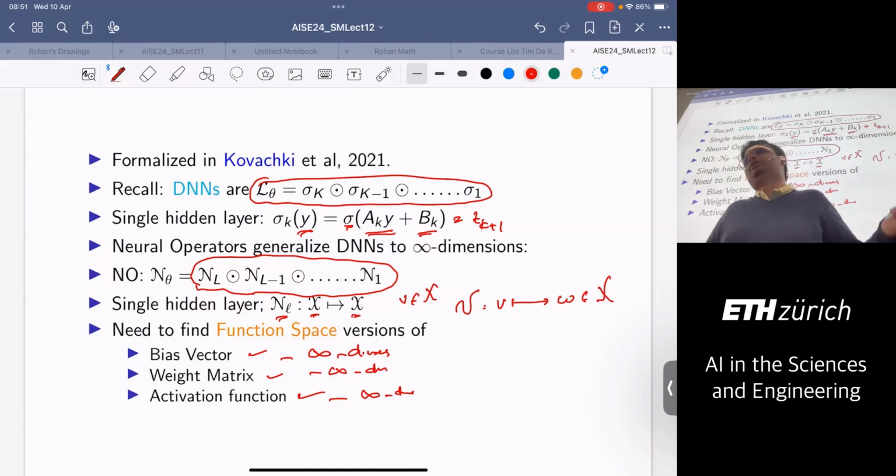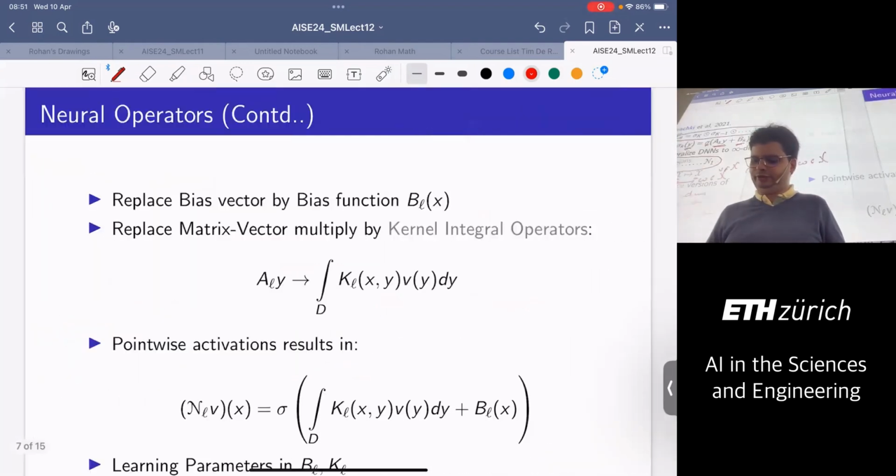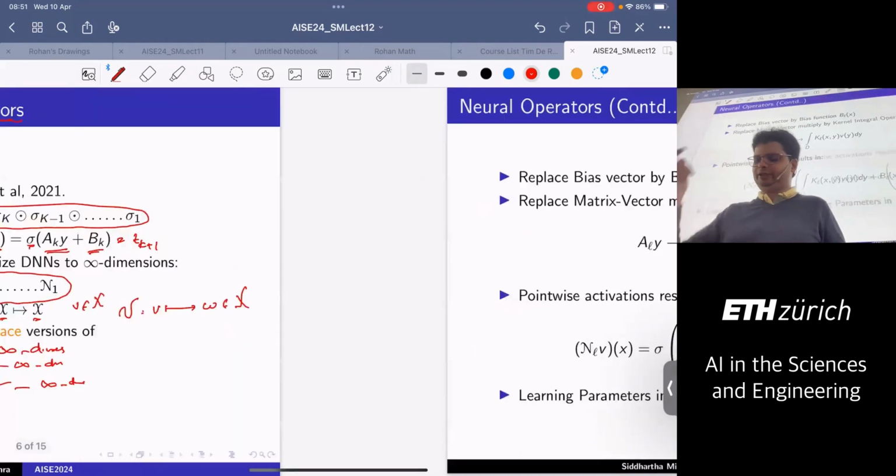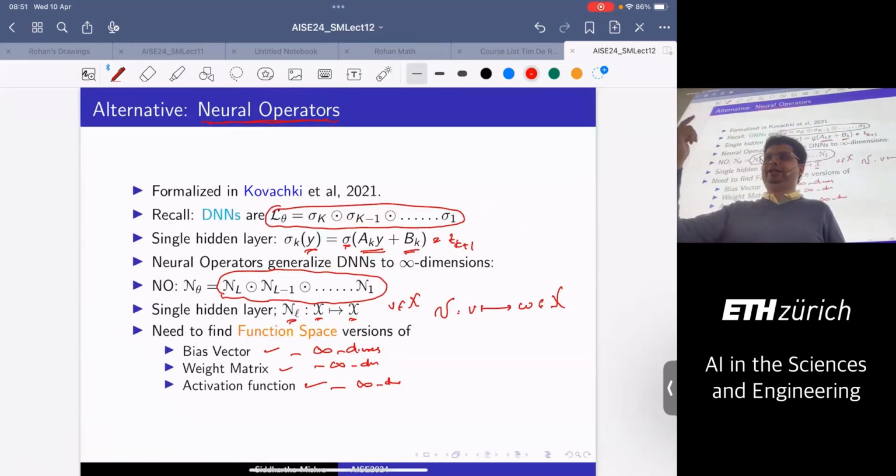And how we do this, of course, is where the action is, where the fun is. So let me just try to explain to you how we do this. The first thing, remember that there are three ingredients. I have the bias vector, I have the matrix vector multiply, and I have an activation.